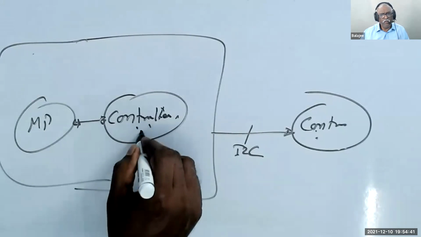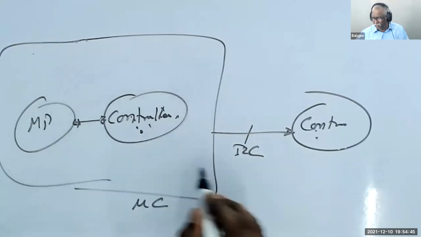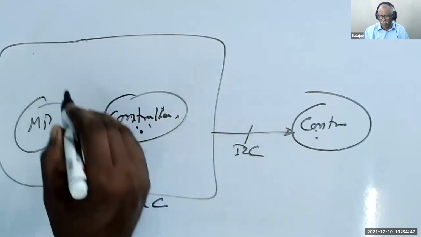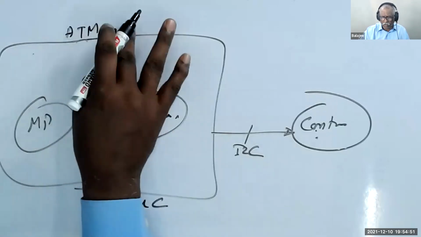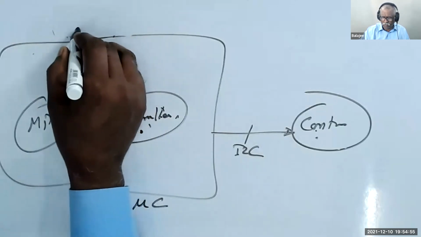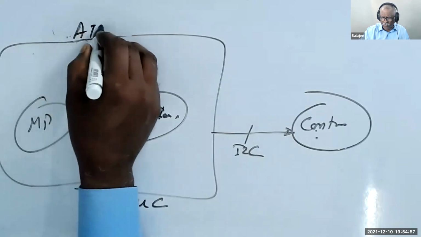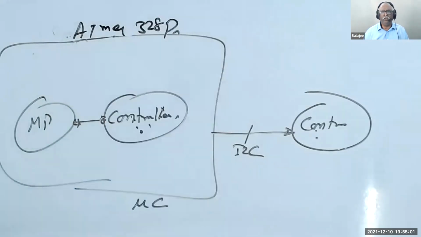For this one, the code will be different. For example, let us assume that this is your ATmega 328P, whatever it is.